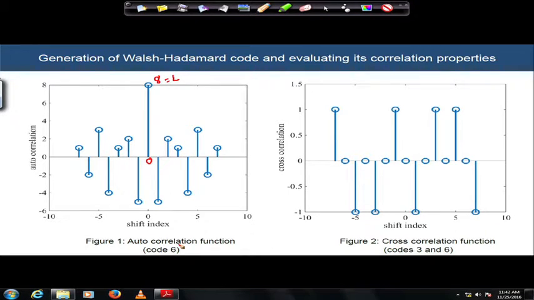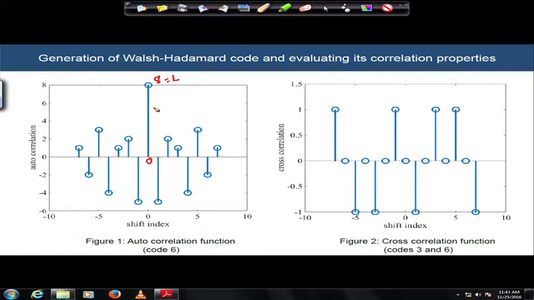But the importance of having a good autocorrelation property, and when I say good autocorrelation property, it means that at lag 0 you should have a high magnitude of autocorrelation, and that should be very small for other lags, as far as applications such as synchronization are concerned. Because what we are trying to do in synchronization is to synchronize two entities.